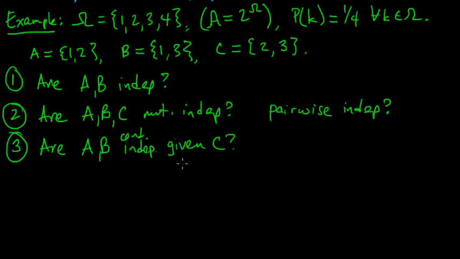And when you say given something, you're implying that you mean conditional independence. So here are 3 questions for you. A nice simple example, and I would encourage you to work this out and see what happens. They're pretty easy to work out in this very simple case.